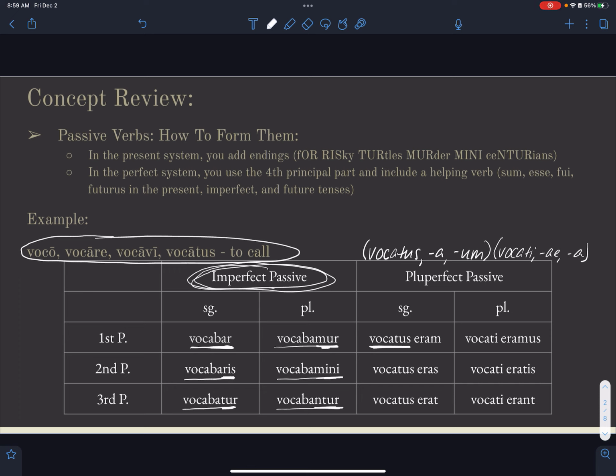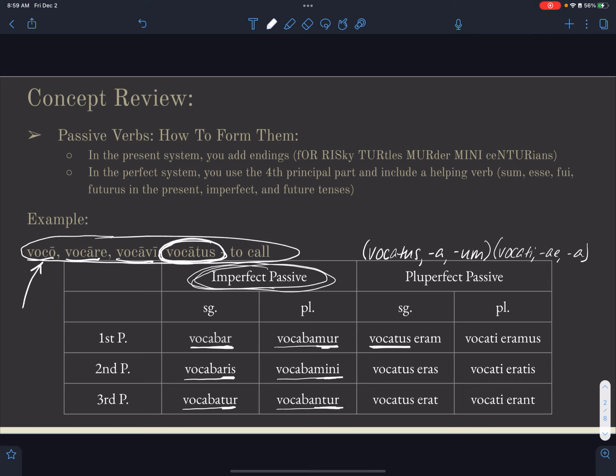This is why I'm telling you that this new grammatical concept, the participle thing, which we haven't really talked about just yet, is super easy, because you've seen these forms before. It's simply the fourth principal part with adjective endings of the first and second declension. Over here we've got our principal parts: voco, vocare, vocavi, vocatus.